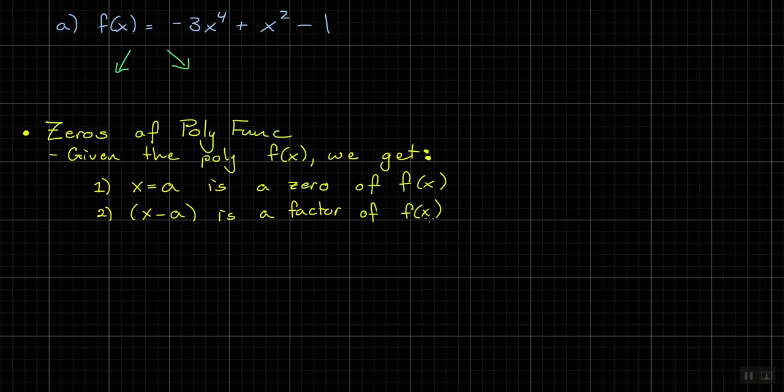These are interchangeable. Beyond this, we can keep going. We could say that instead of x equals a being a 0, we could say that x equals a is a solution. And I'm going to use my shorthand SOL apostrophe N. And specifically, when we talk about solutions, it's a solution of f of x set equal to what? 0. Good.